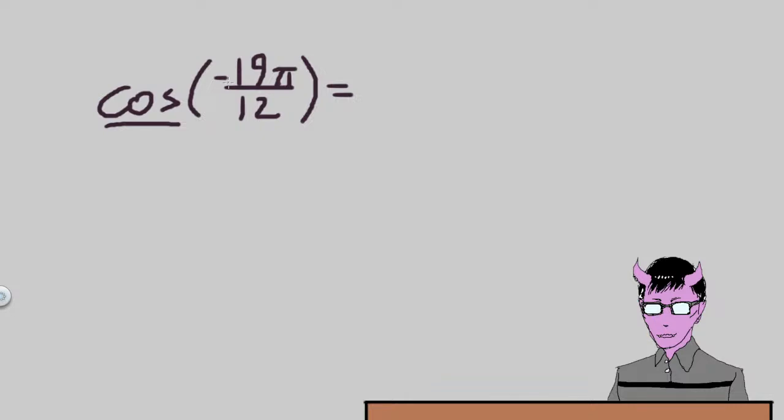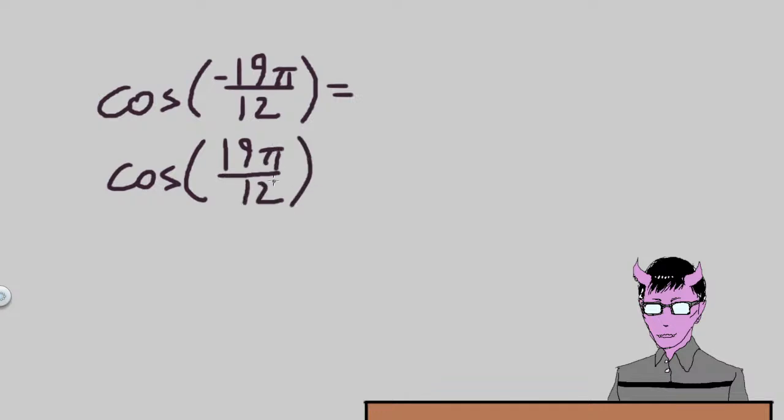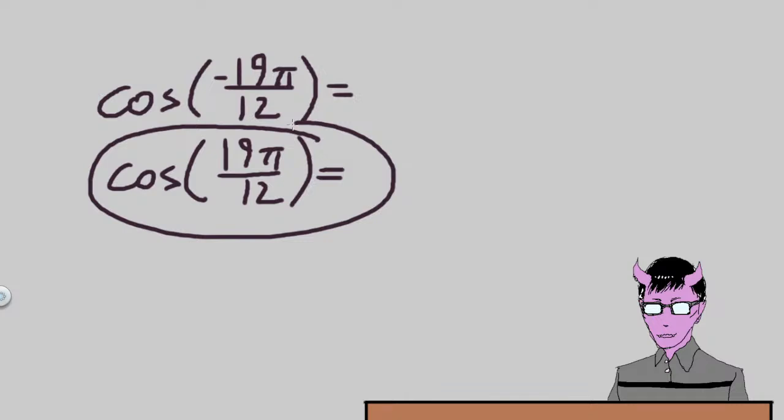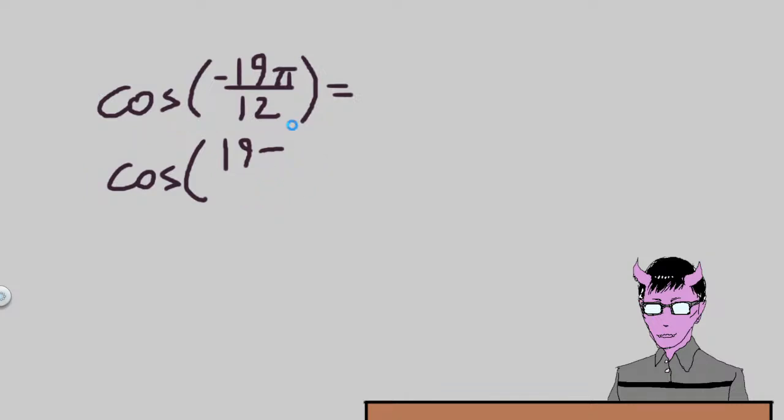I'm not going to cover it today, but just as a reference for those of you who have potentially learned it, cosine is an even function, so if you have a negative argument, you can transform it into the positive argument, like so. And then you can evaluate this one like 2 problems ago. But let's ignore that for a moment. So let's say we don't have that at our disposal.